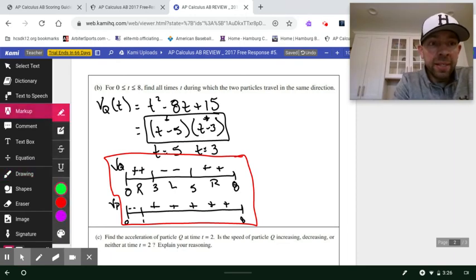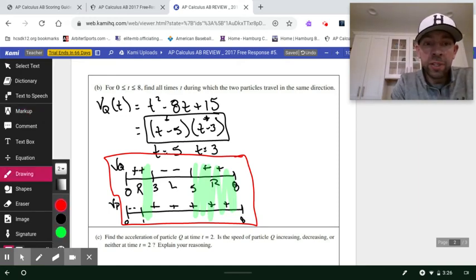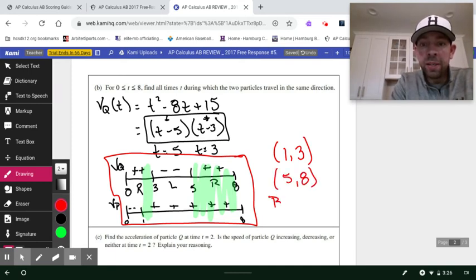So right here from 1 to 3, both velocities were positive. And then here from 5 to 8, they were both positive. So that's when those particles are traveling in the same direction. We'll say from 1 to 3 and from 5 to 8, because the velocity of Q and the velocity of P have the same signs.